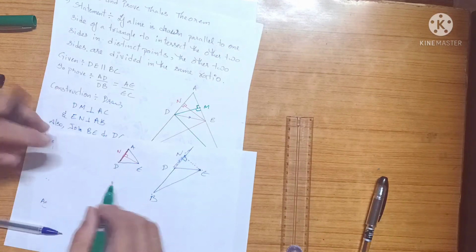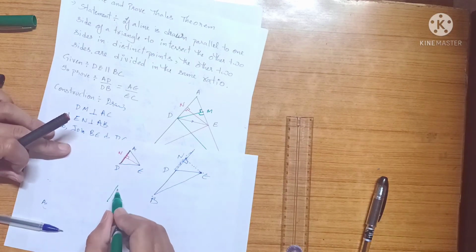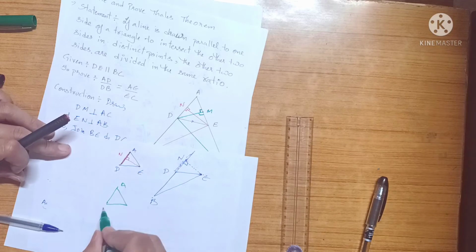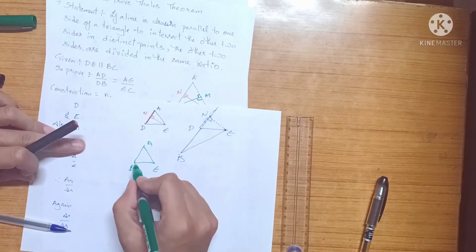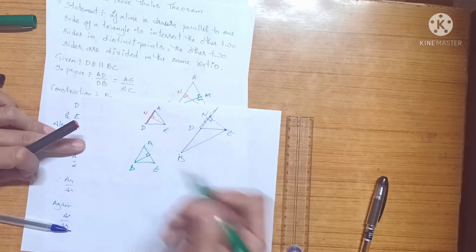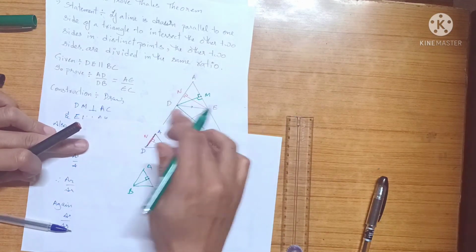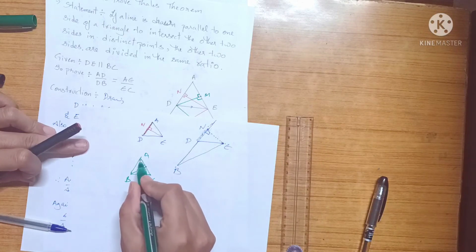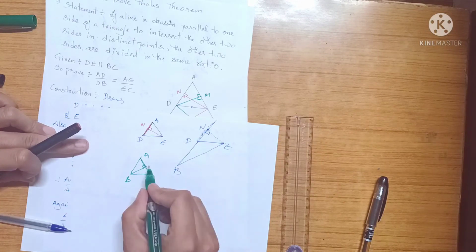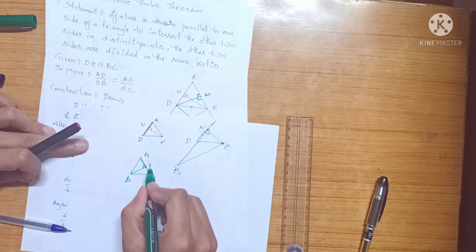Now if I draw the same ADE, but this time I'm going to take the height as this one, because this is also 90 degree. See, ADE, this is the height. So if I take this as the height, whatever the height is touching becomes the base. Got it or not?